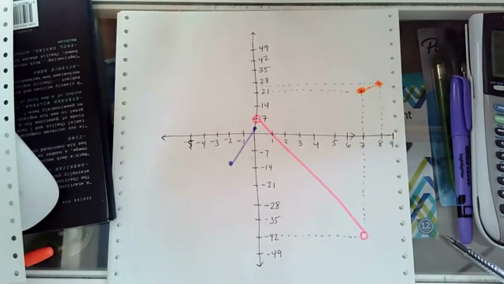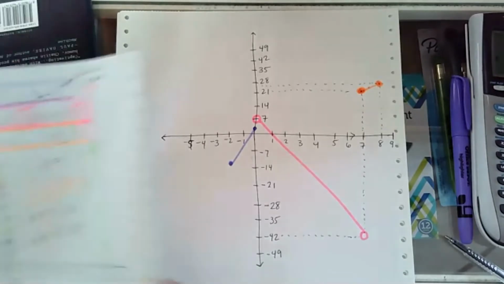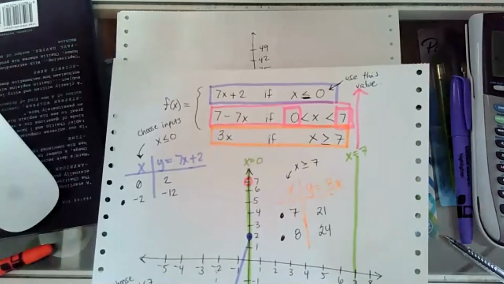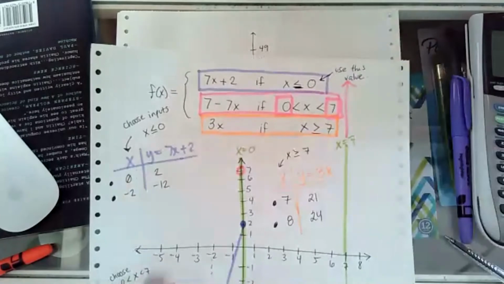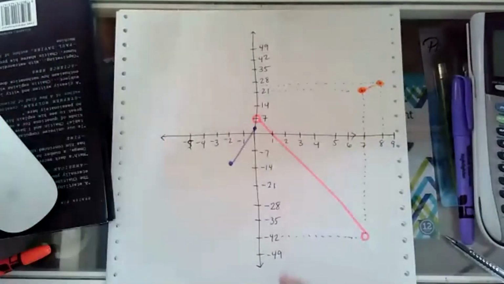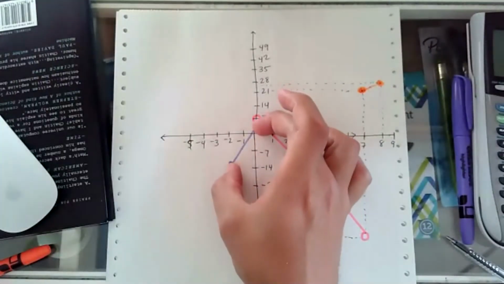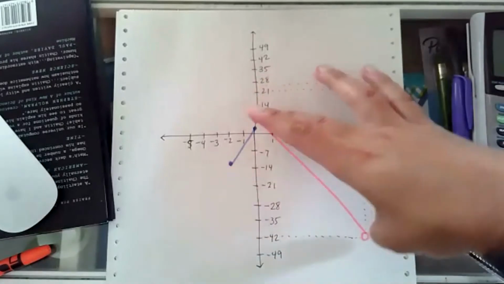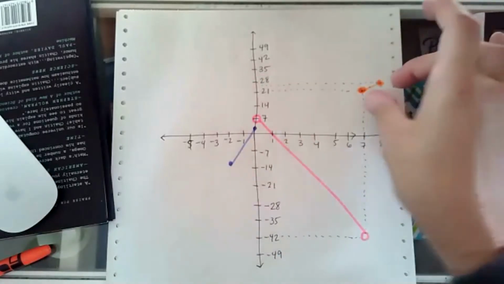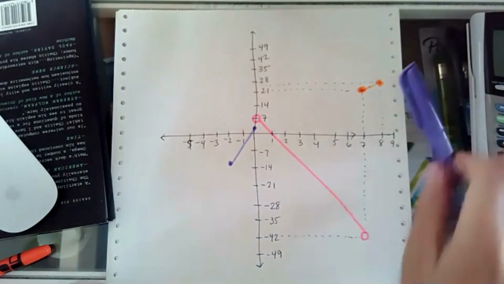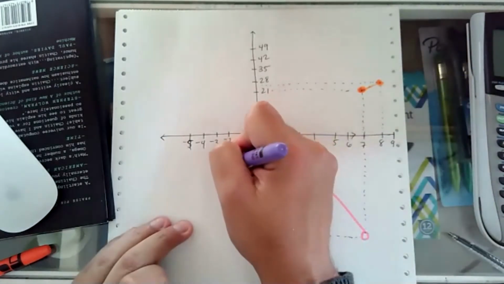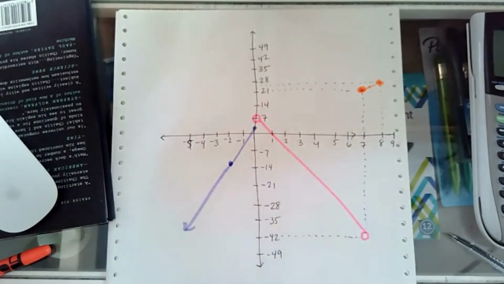But what we're trying to get at is that we had these 3 equations. And when we graphed 2 points for each section, we get this line segment here, this line segment here, this line segment here. Okay. And technically the points on the end can continue on in this direction forever.